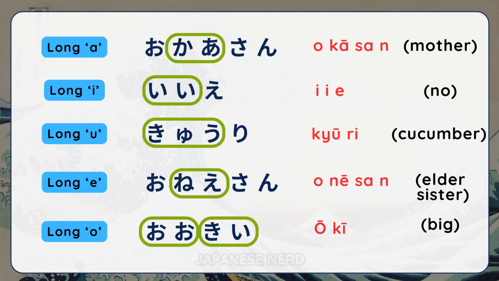Kyuri. Example 4, oneesan. An additional e is added after ne, making oneesan. Ooki. Here you can see in a single word there are two additional vowels. O followed by O and I followed by ki, making it ooki, which means big.